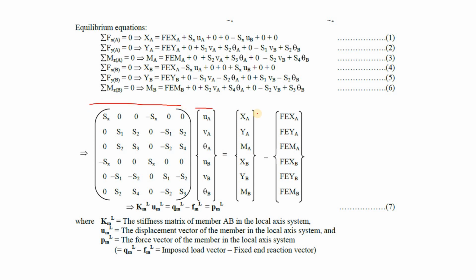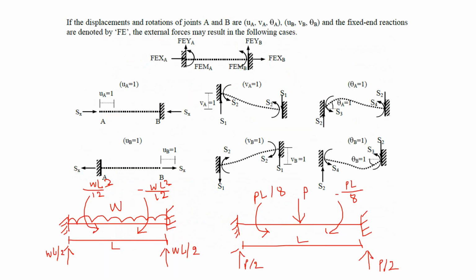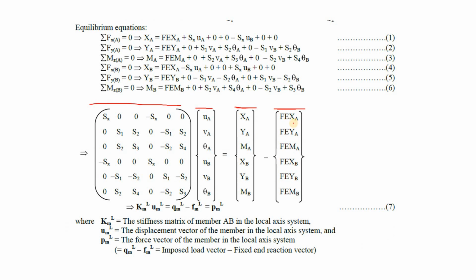This is the displacement vector, and this time we have 2 force vectors instead of 1, because one force is because of the joint forces, and another force vector is because of the fixed end reactions. Sorry, I would call that fixed end reactions, not fixed end moment. Okay, because of the fixed end reactions.